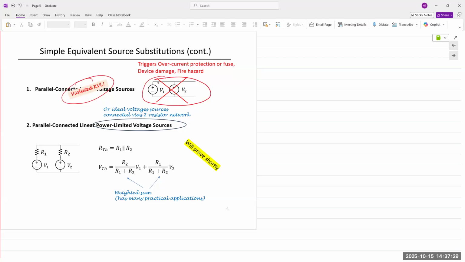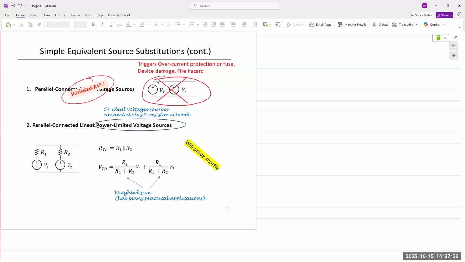This is something we do all the time, though, in general. Like battery chargers, what we are doing is we are actually connecting an external battery source to our device, and we are charging our batteries from that external source, right? So we have two dissimilar voltage sources connected in parallel, but that circuit is controlled.